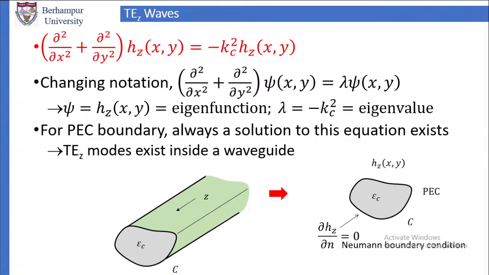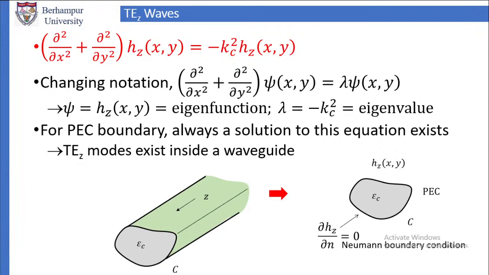This equation, you know, is an eigenvalue equation. In that, psi is called the eigenfunction, lambda is called the eigenvalue. So ultimately this becomes an eigenvalue problem. So you have to solve this depending on the waveguide that we are using.